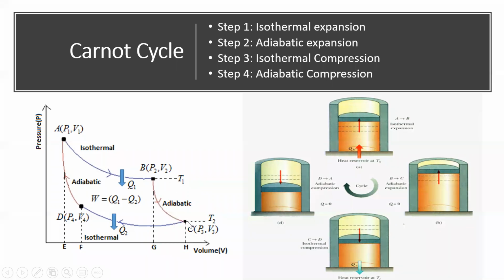During adiabatic expansion, the pressure, volume, and temperature can change. Pressure changes from P2 to P3, volume from V2 to V3, and temperature from T1 to T2. Again, it's expansion, so work is done by the gas on the surroundings.